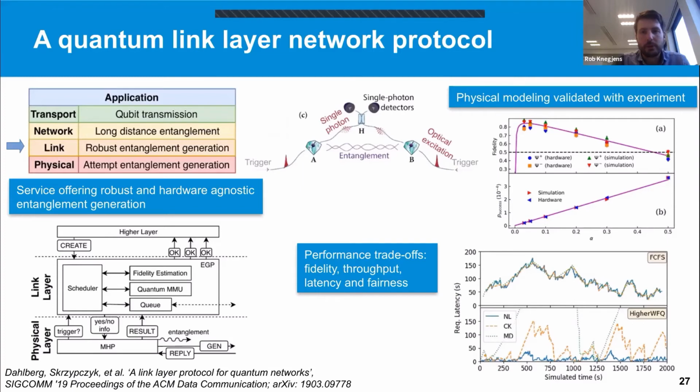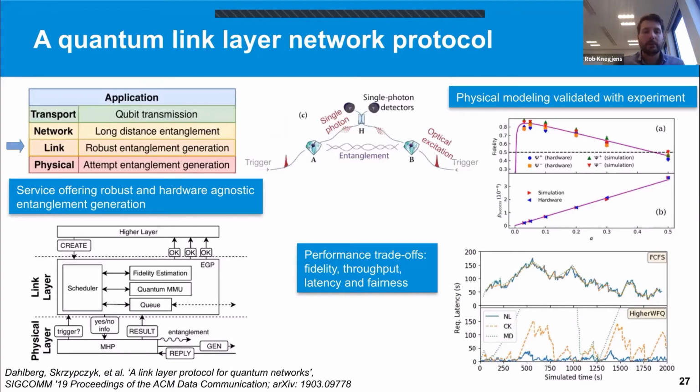So the first project NetSquid was applied to was designing and validating a quantum link layer protocol, analogous to sort of the classical OSI stack, but then for a quantum network. What would a link layer protocol be? The physical layer, sort of the raw layer, was generating entanglement stochastically, and so therefore not reliably.